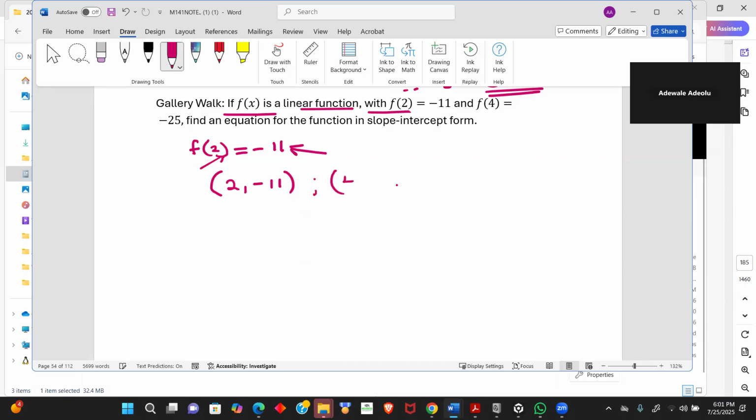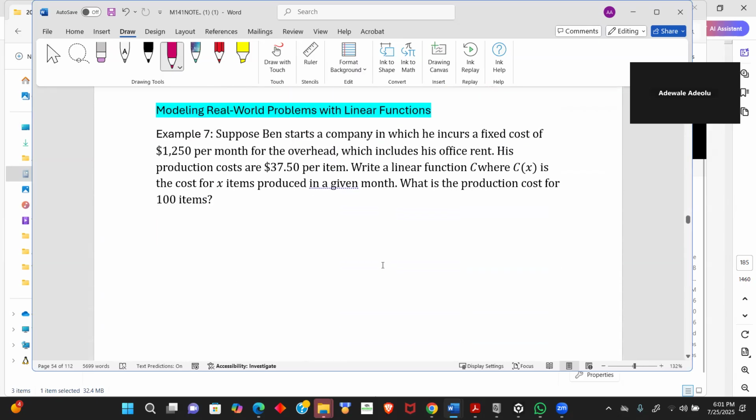So input is 4, output is negative 25, right? Find an equation for the function in slope-intercept form. So you know what to do from there. Find your slope, then you can use one of the 2 points to write it in point-slope form, then you rewrite it in slope-intercept form, just as we have been doing.